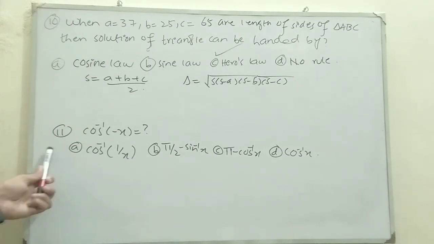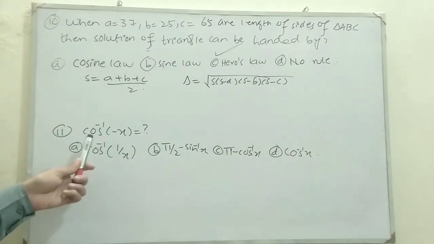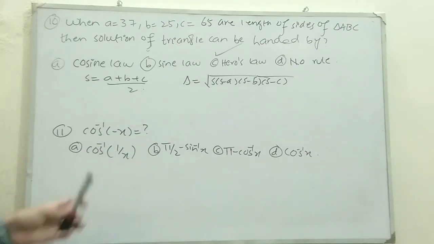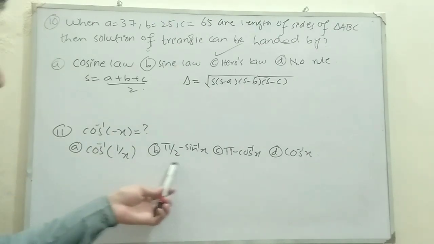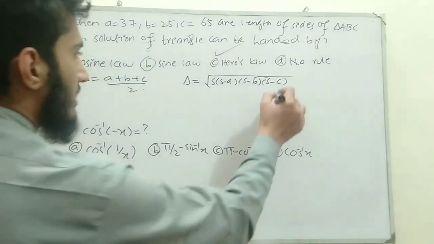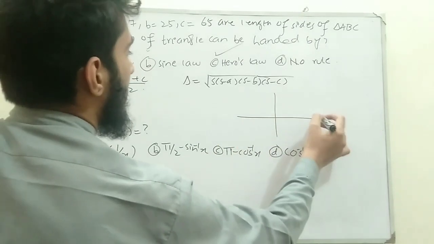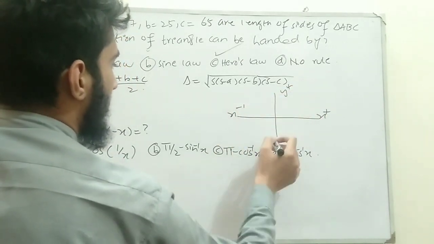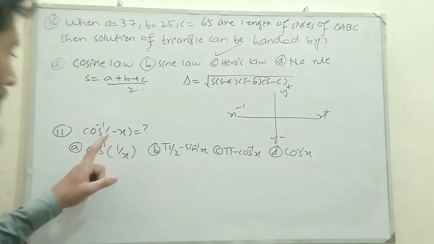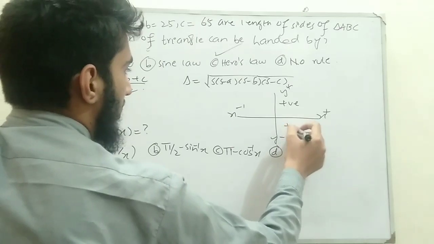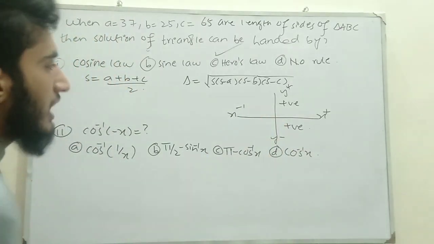Now after this we move toward MCQ number 11. That tells what will be the value of cos inverse of negative x. The options are cos inverse 1 over x, pi by 2 minus sin inverse x, pi minus cos inverse x, and cos inverse x. So let's suppose this is the Argand plane. This is the positive x-axis, this is the positive y-axis, this is the negative x-axis, and this is the negative y-axis. Cos is positive in the first and fourth quadrants, and in the second and third they are negative.